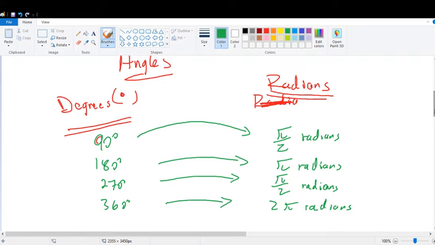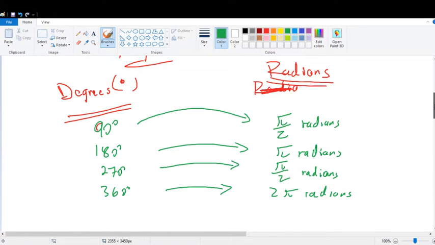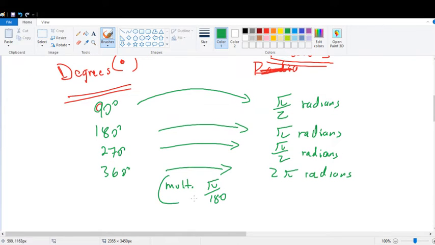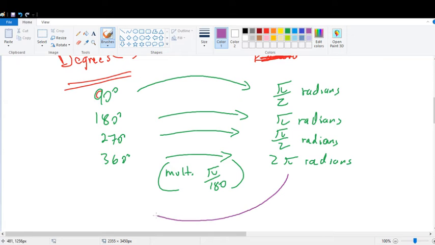You may be asking whether there's a formula that we can utilize to convert degrees to radians, and there is. To go from degrees to radians, all we have to do is multiply times pi over 180. Okay, that's the short, simple formula. What if I want to go from radians to degrees?